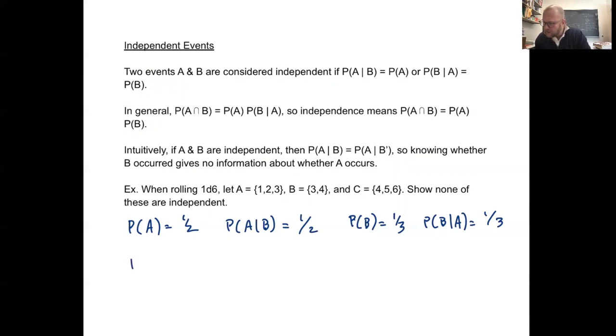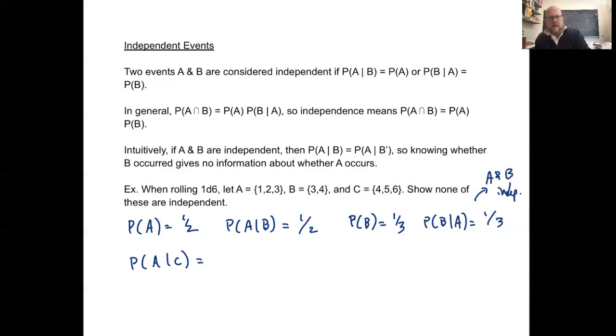And now let's see about the probability of A given C, right? So this note over here, A and B independent.